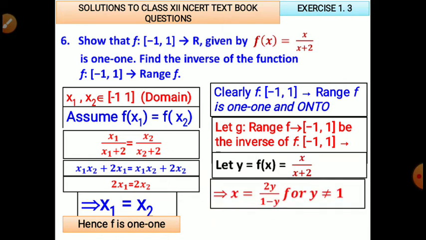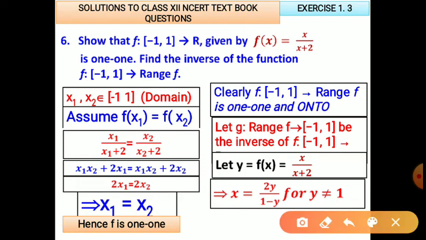Now let g be the inverse function. How to find the inverse, we have already seen. You have to take y from the range of f, y is equal to f of x, and from that you need to find the x value. If you get confused here, I am giving the solution also. What is given here is y is equal to x by x plus 2.